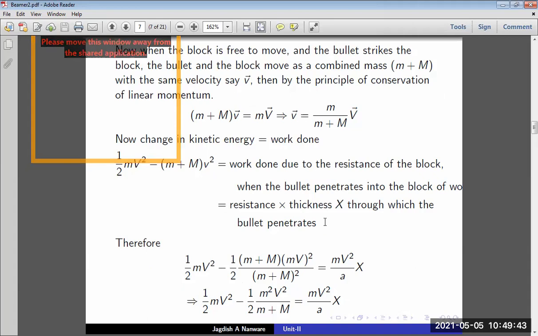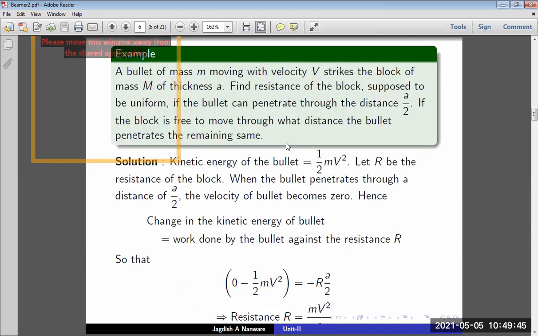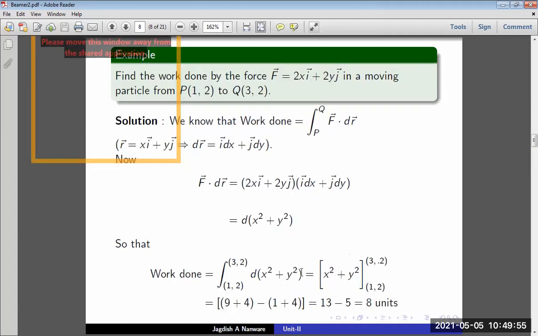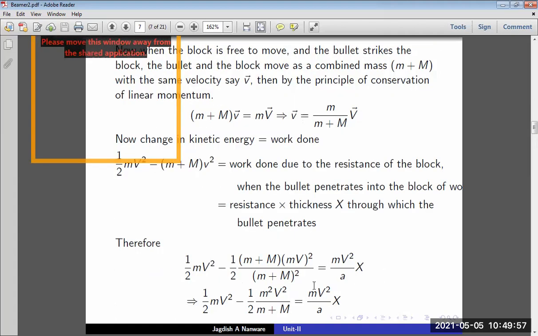So what we have seen here: if the block is free to move, through that we can find what distance the bullet penetrates the remaining seam. So that distance can be determined by using this formula. Okay. So solve this, because here small m is known, v is known. Yes, we can find this x, which stands for distance.